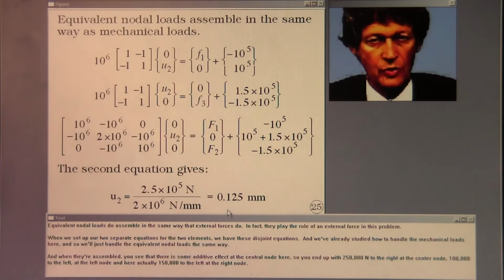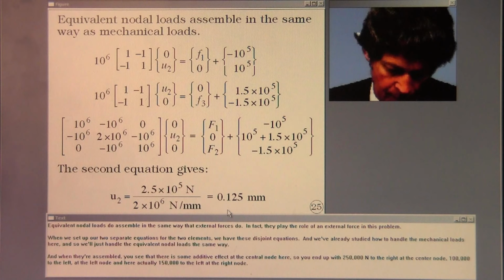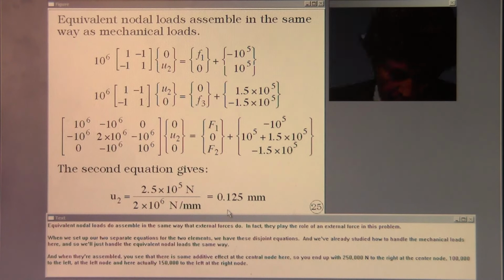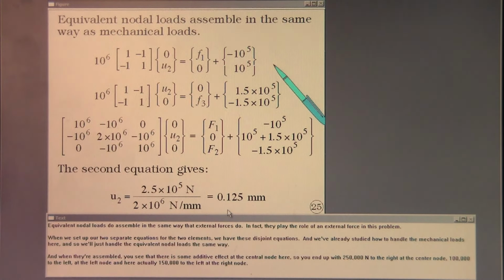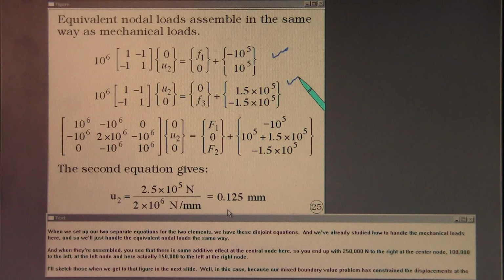Equivalent nodal loads do assemble in the same way that external forces do. In fact, they play the role of an external force in this problem. When we set up our two separate equations for the two elements, we have these disjoint equations, and we already have studied how to handle the mechanical loads here, so we'll just handle the equivalent nodal loads the same way.